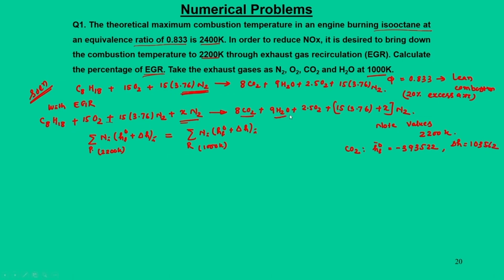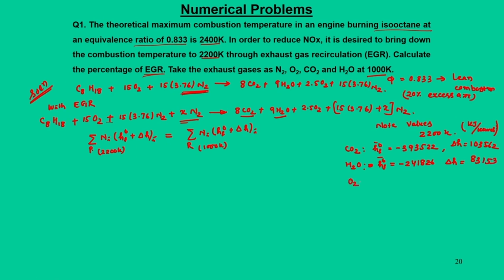Then we have H2O, all these units being kilojoule per kilomole: minus 241,826, delta h is 83,153.